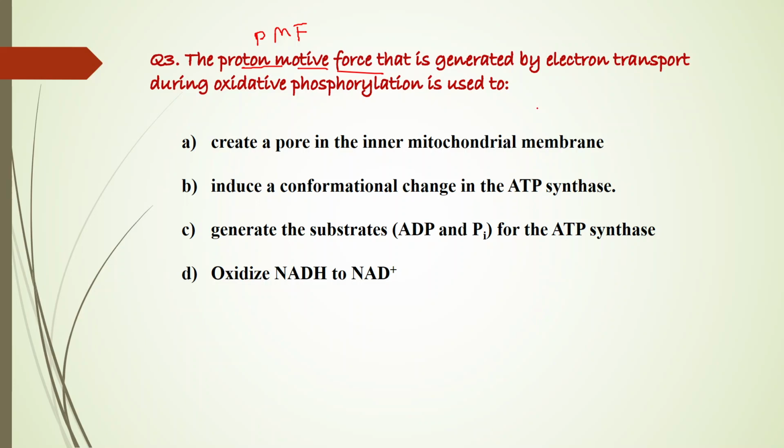How is this generated? In the last session we already discussed that in case of mitochondria, if this is your outer membrane and this is your inner membrane, this is the intermembrane space where you have a high concentration of H+ ions, and this is the matrix where you have a low concentration of H+.